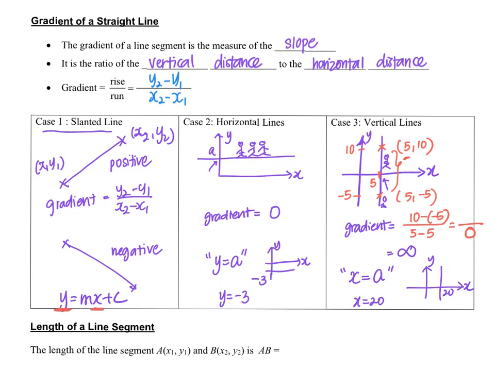The second case is a horizontal line. There is no gradient at all, and the equation is just y equals to something. For the third case, when I have a vertical line, there is a gradient of infinity, and the equation will only have x equals to something because it only cuts the x-axis.